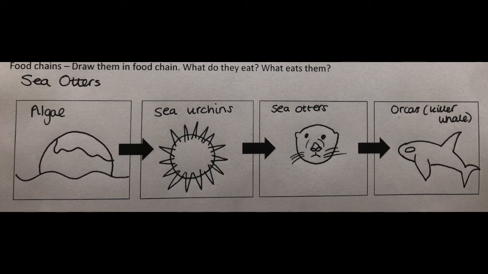And if you remember back to the food chain lesson, I said that the food chain often starts with a green plant. So I had algae is eaten by sea urchins, is eaten by sea otters, is eaten by orcas, those killer whales. So I found out all those facts and I've put them in the right order on my food chain.